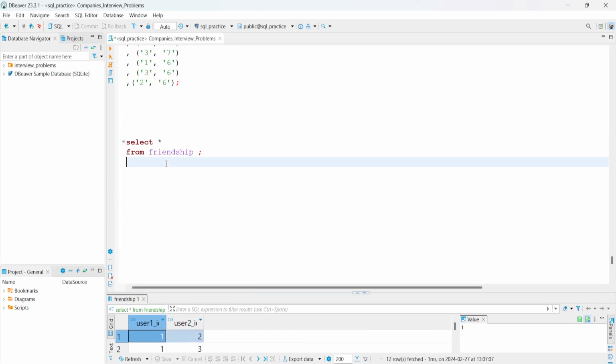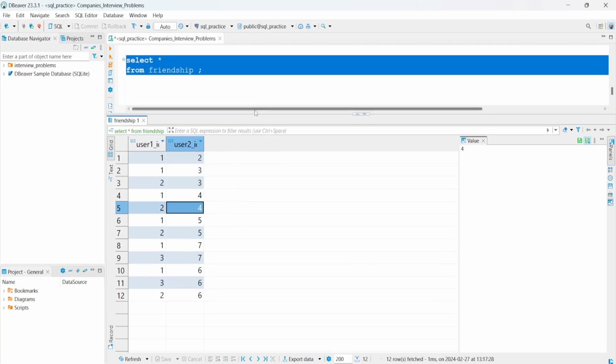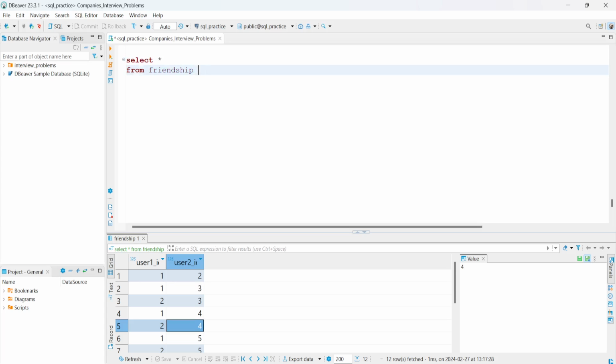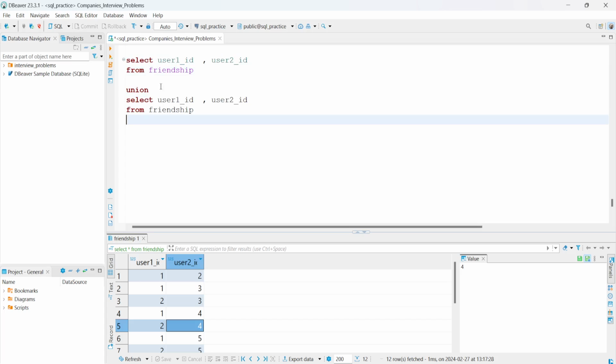So let's code it up till that point. This is the friendship table. Let me run this. You can see we have 12 records. Now we will have 24 records, right? What we will do is just union it. So we'll write union, and instead of writing star, we will write the entire columns, user one, user two, and we can just copy paste this. And here we need to make it user two and the name would be user one.